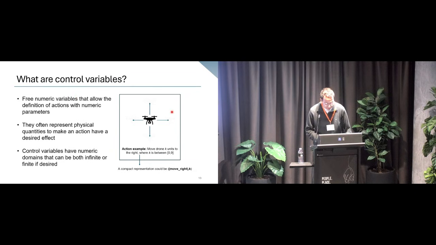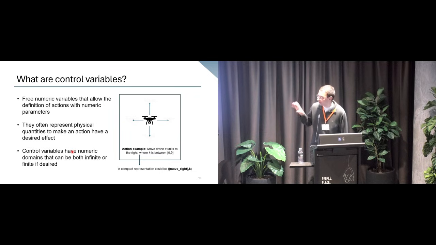Here we have an example: the same drone as before, and an action where the drone moves k units to the right, where k can be a number between 0 and 9, for example. We can represent this compactly with this tuple: the identifier of the action, and a valuation of the number. So for instance, we could describe here move right 5.25.